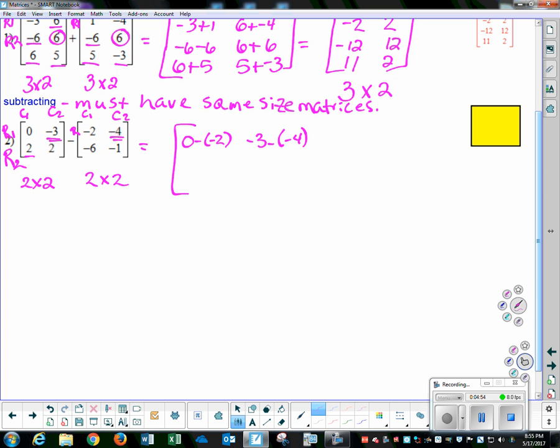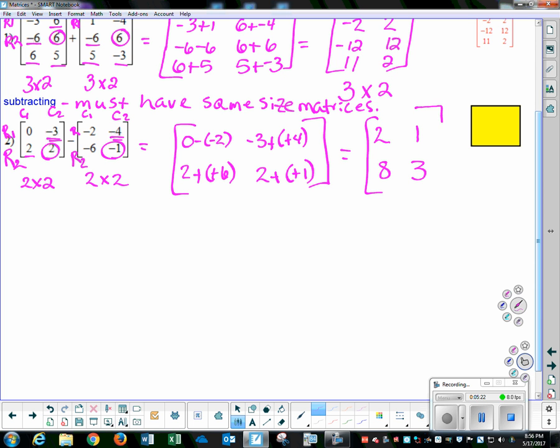So I'm going to take the 2 with the -6. 2 minus -6. And this 2 with this -1, 2 minus -1. Wow, so many negatives. And that's going to give us a +2. So turn to plus, so we're going to get a +1, goes to plus, we get an 8, goes to plus, we get a 3.